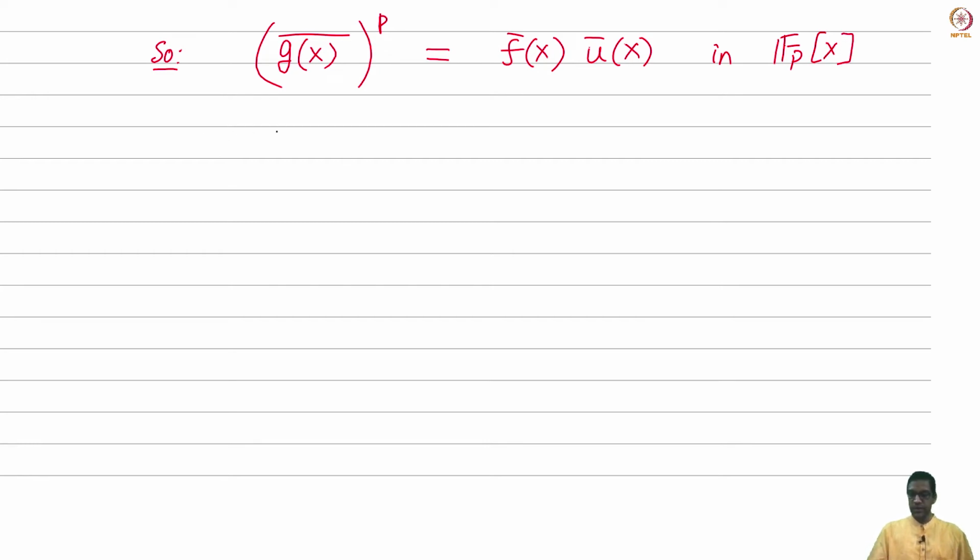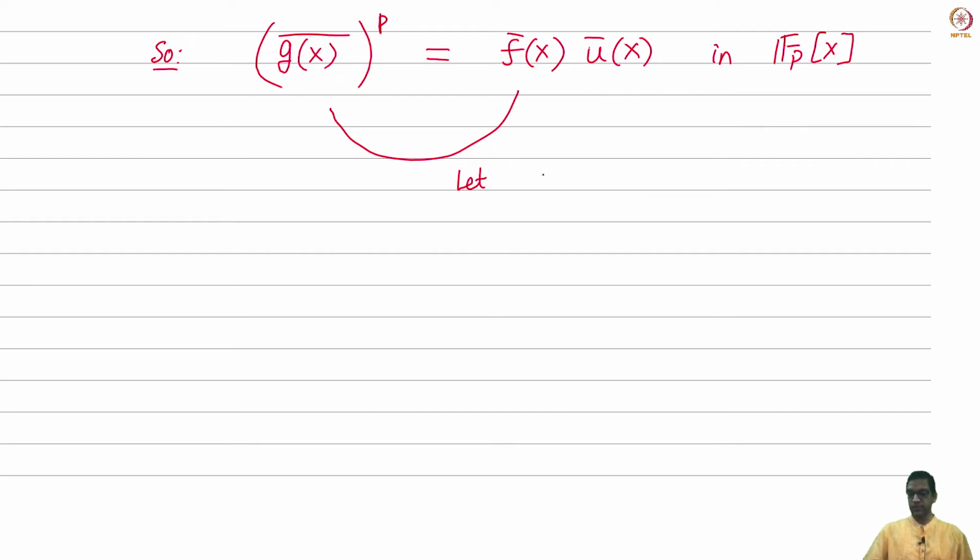But what does that mean? It means that f bar and g bar must have a common factor. Let's establish that properly. Let's just take an irreducible factor of f bar.